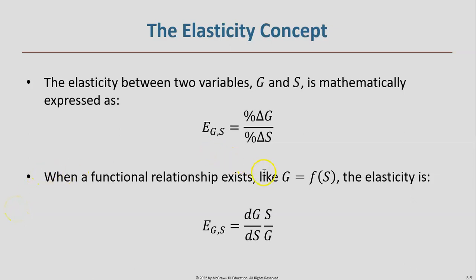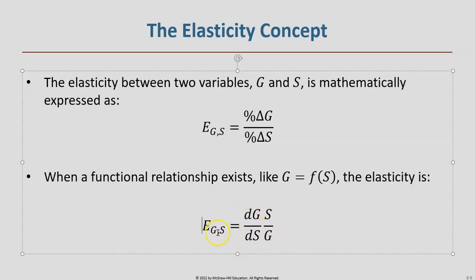Okay, if G is a function of S, if G is the dependent variable and S is the independent variable, then the elasticity, thinking in terms of calculus, is equal to the change in G divided by the change in S, and this lowercase d is the notation for a very small change. And from calculus, this is the derivative. Okay, and the derivative is the slope.